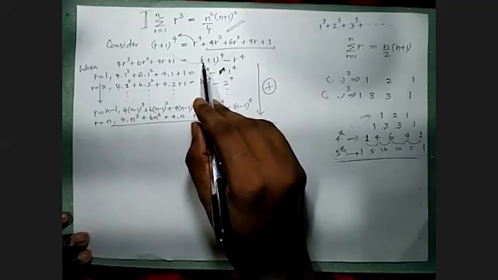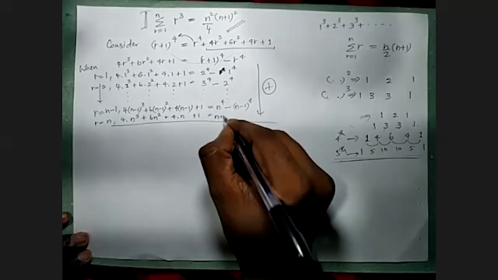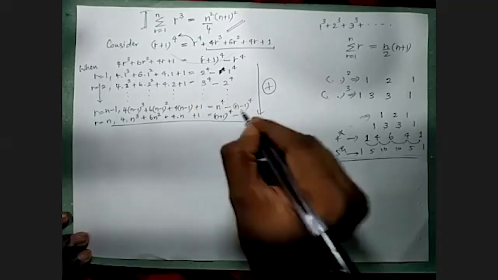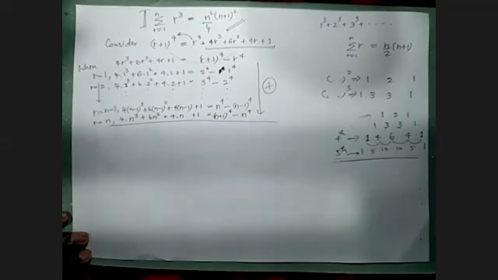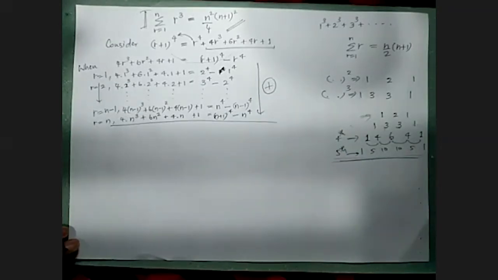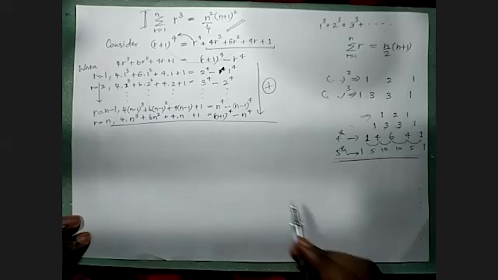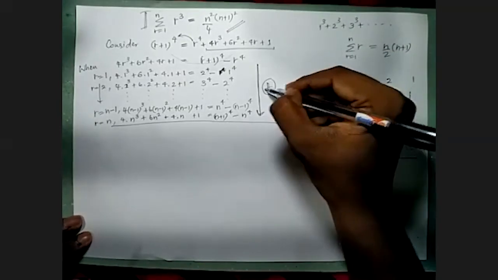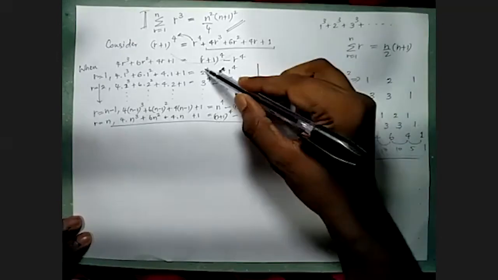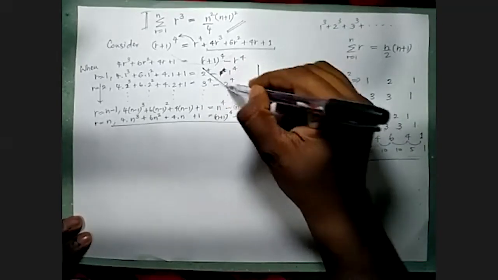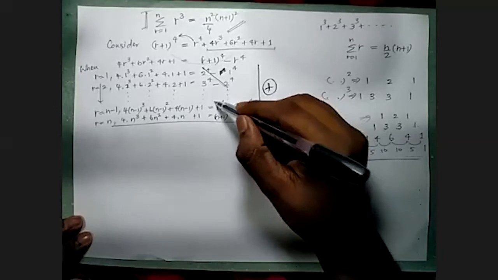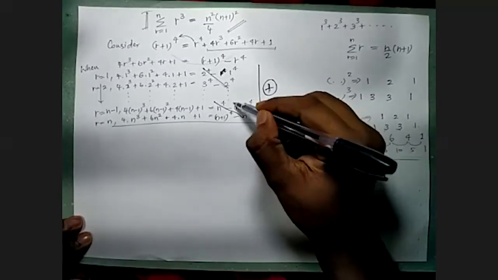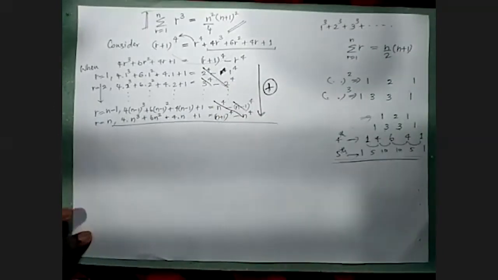Here, when I substitute, n plus 1 to the power 4 minus n to the power 4. Now it is clear when I take the sum from 1 to n, these get cancelled. These two get cancelled. Then these two also get cancelled.